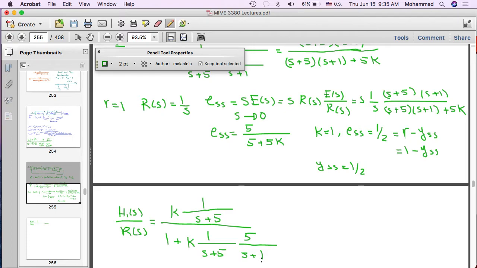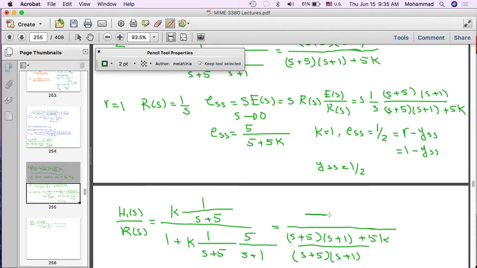And you can simplify this. If you make s plus 5 times s plus 1 the common denominator here, you will have s plus 5 times s plus 1 plus 5k, and in the numerator you still have s plus 5 and k.